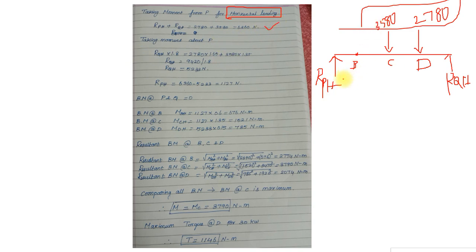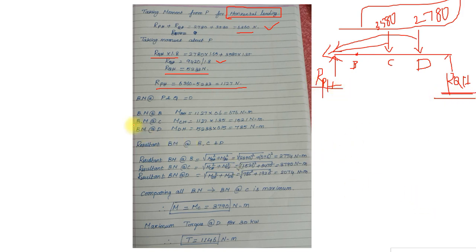Taking moment from Q, I can find the distance is 1.8. So RQH into 1.8 equals 2780 into 1.65 plus 3580 into 1.35. These two products I have to multiply and I get the value of RQH. Once I find the RQH value, I subtract it from 6360 and I get the RPH value. So now I have found the reaction forces RPH and RQH.